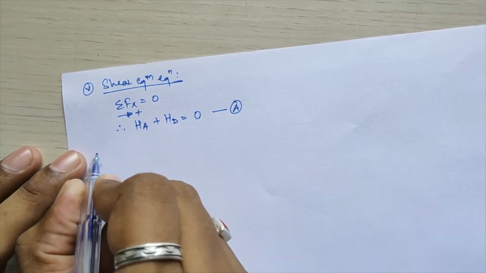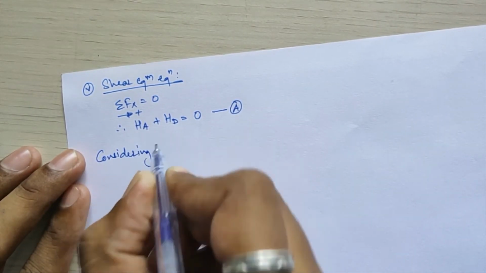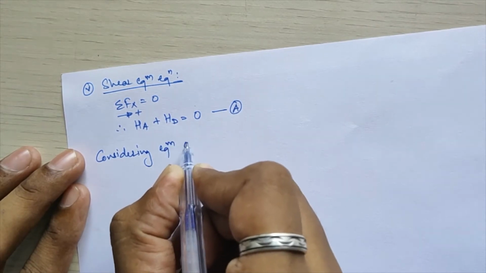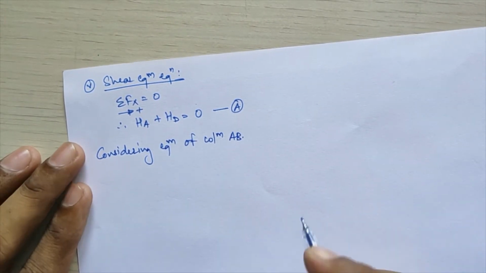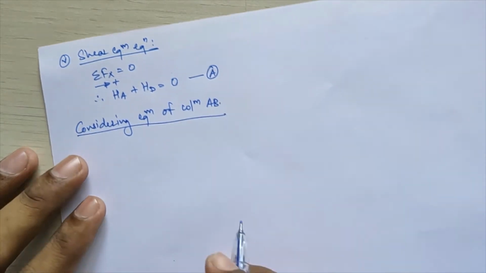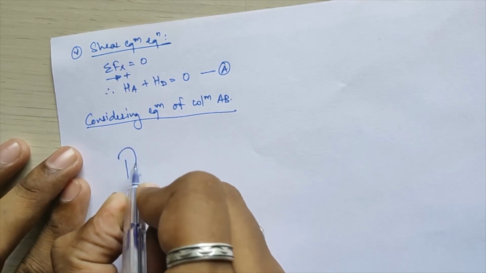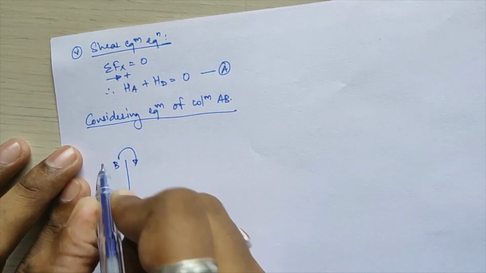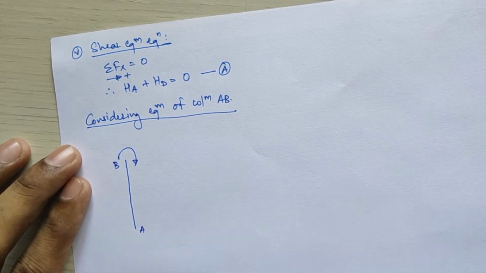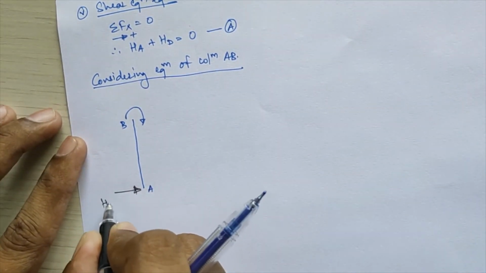For that, first I'll consider the equilibrium of column AB. Considering equilibrium of column AB, I'll draw the diagram of column AB over here. This is your point A, this is your point B. Here you are having this horizontal thrust HD over there.